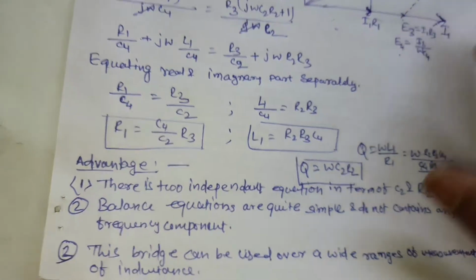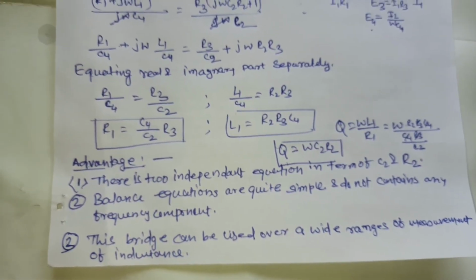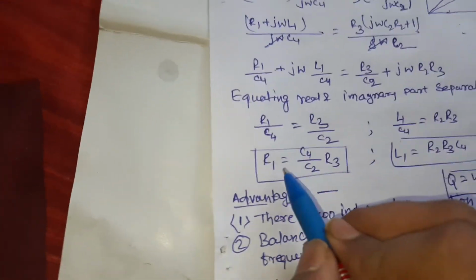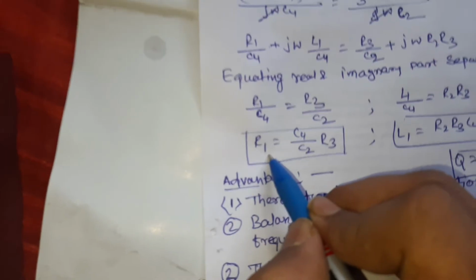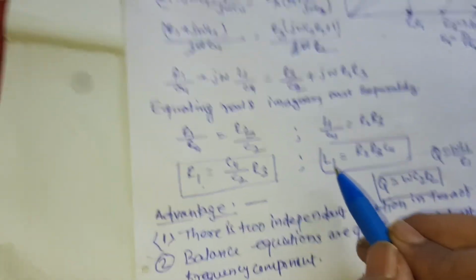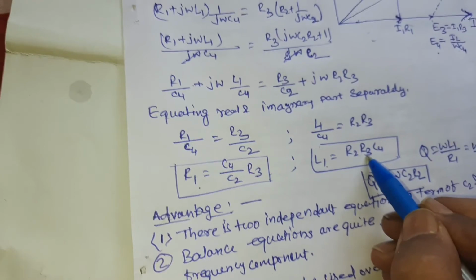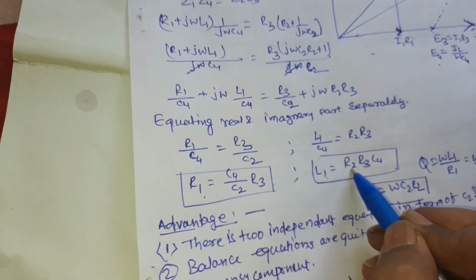The advantage of the Owen bridge is that there are two independent equations in terms of C2 and R2. That means the unknown resistance R1 can be obtained by varying the capacitor C2, and the unknown inductance L1 by varying the variable resistance R2.